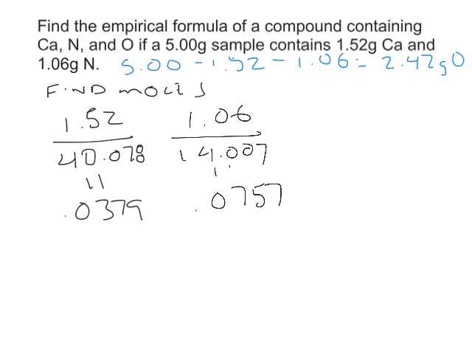Okay, nitrogen: 1.06 divided by 14.007 gets me 0.0757, and oxygen: 2.42 divided by 15.999 gets me, oops, not 0.0, 0.151.